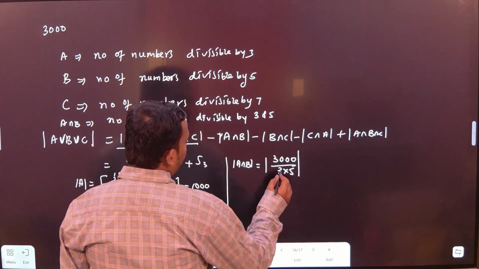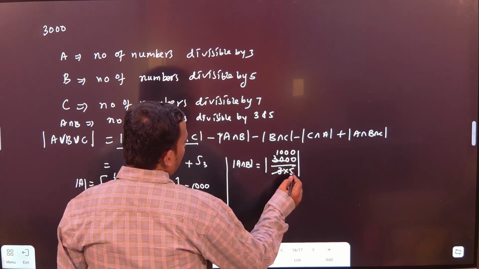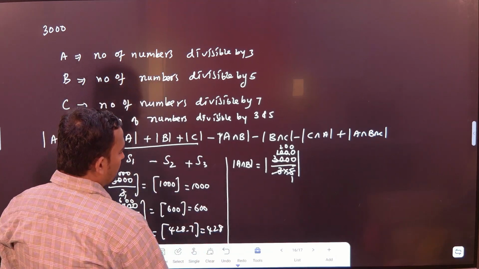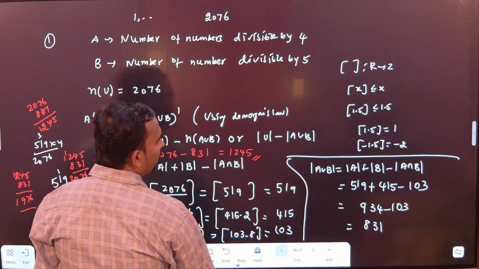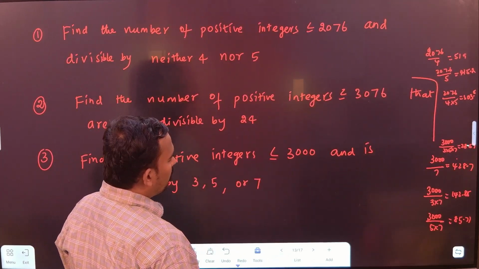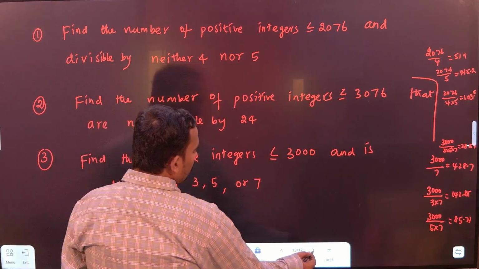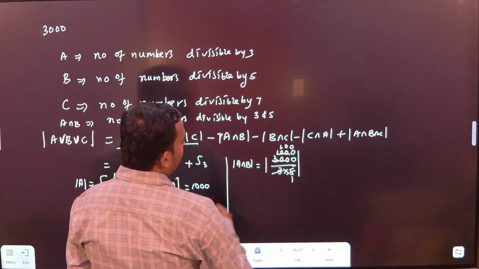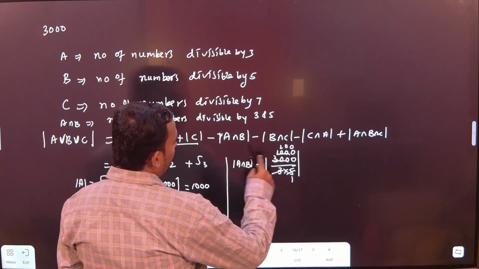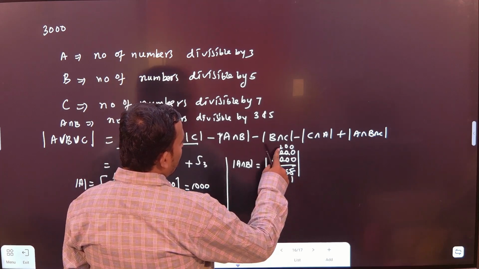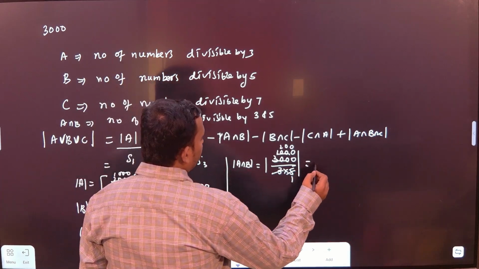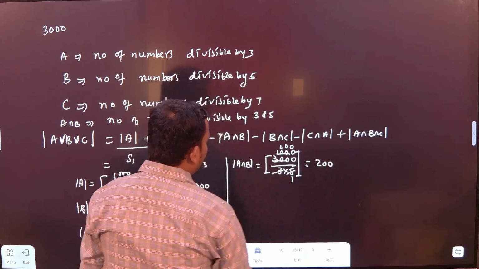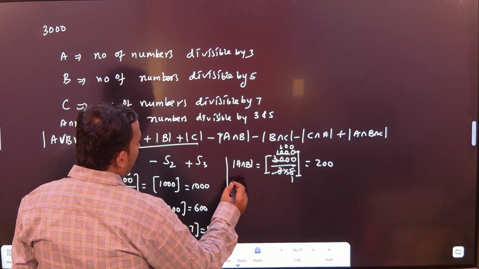You check once clearly. 15 times 200 is 3000. Correct? So the greatest integer function here is 200.